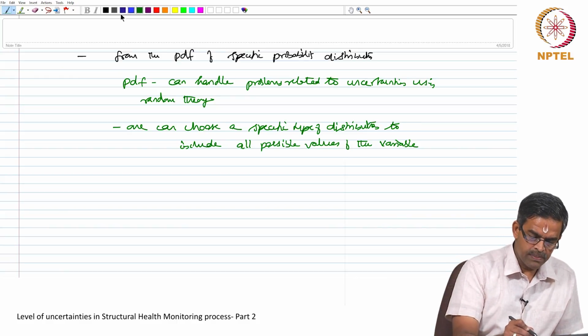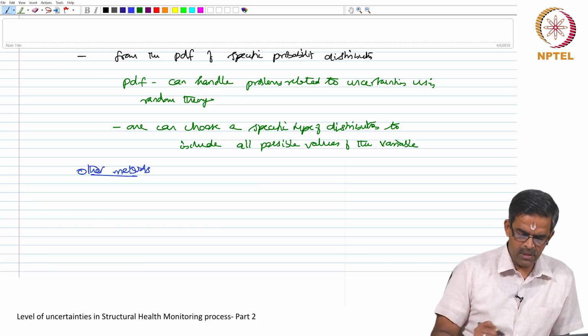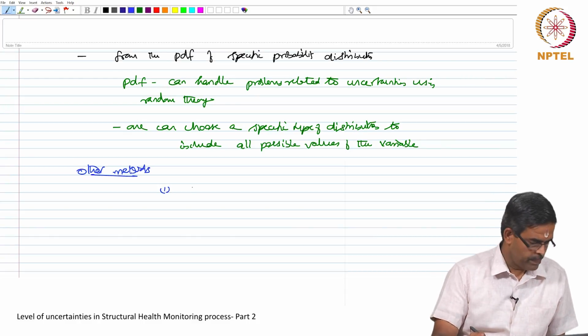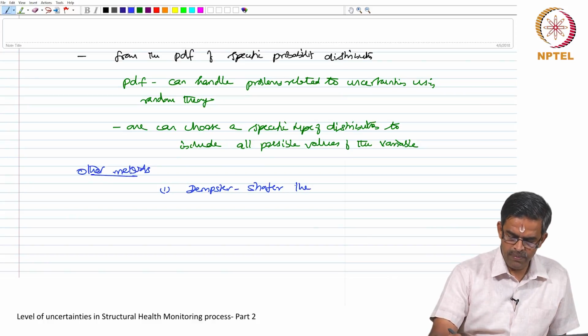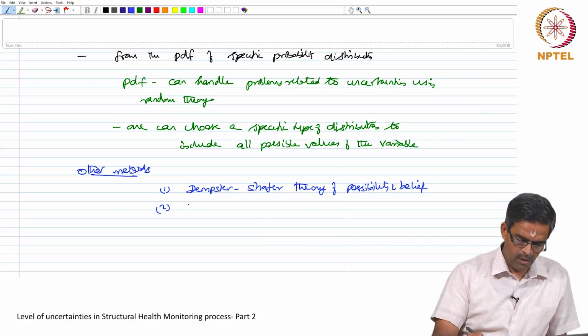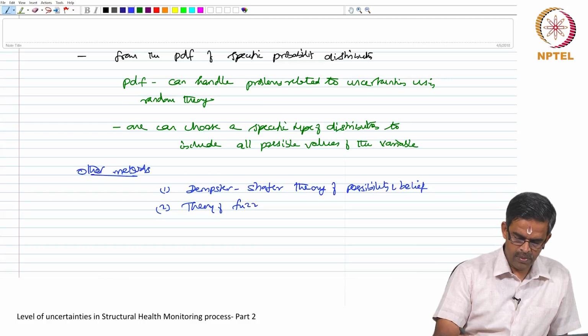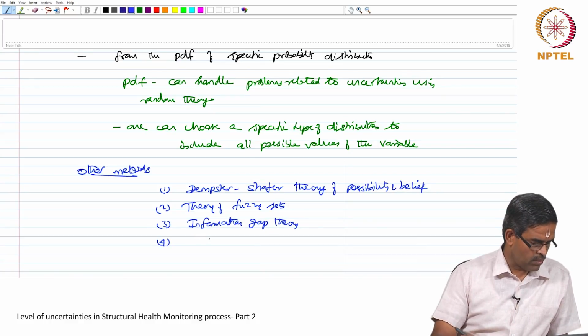There are other methods of doing this. Other methods of handling this uncertainty will be Dempster-Shafer theory of possibility and belief, theory of fuzzy sets, information gap theory, and convex model of uncertainty.